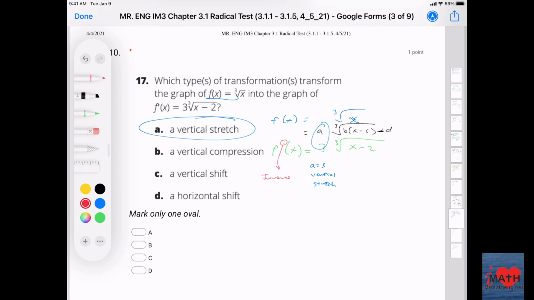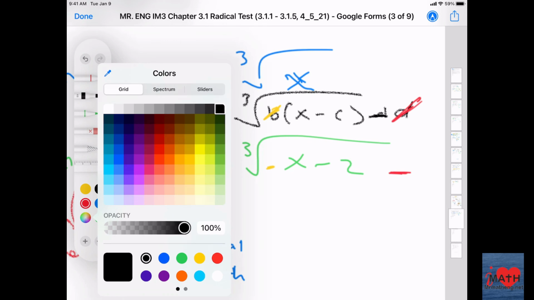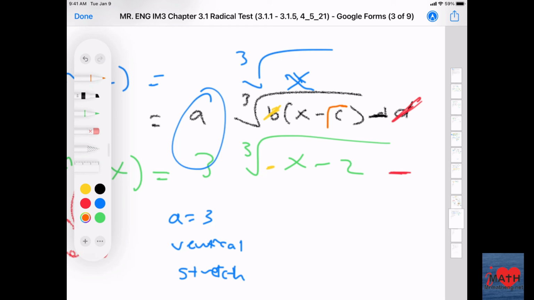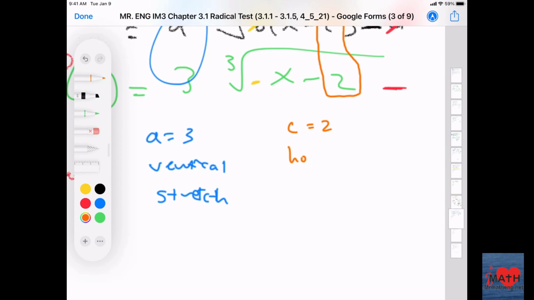Now, there is nothing on the inside to the left here. That would be a b value, so we don't need that. There is no value out here, so there is no d value, but we do have a c value. Now pay attention, I'm going to do this very slowly. C, do you see how the formula has a minus sign? So c equals 2. We call this a horizontal translation.